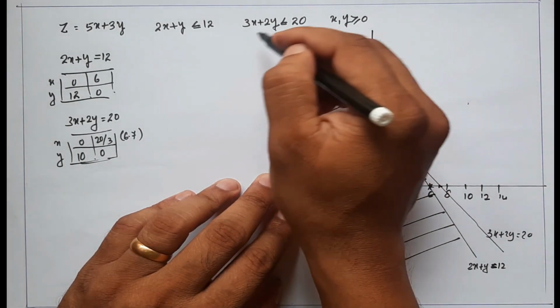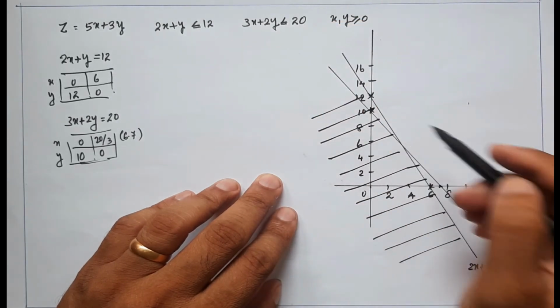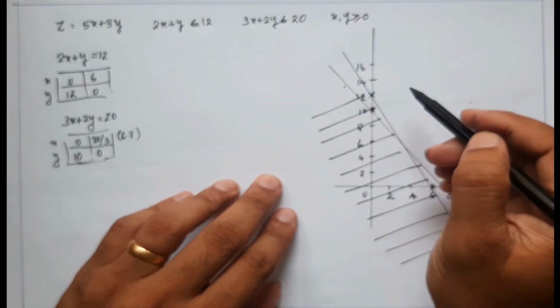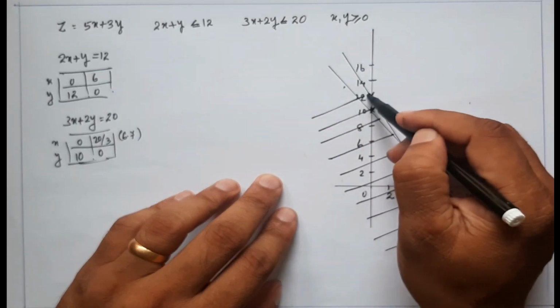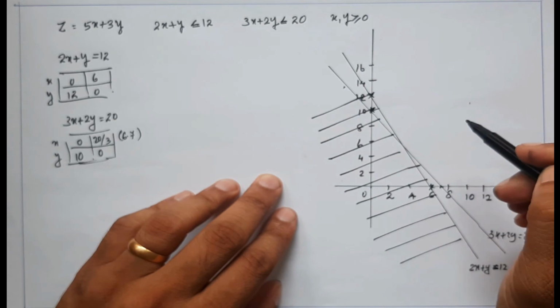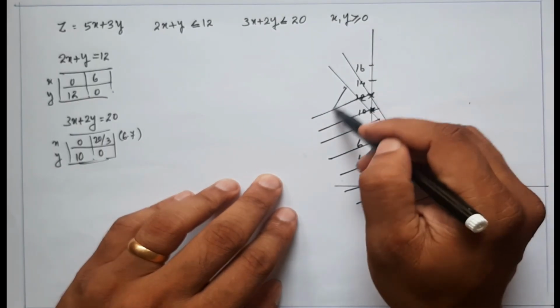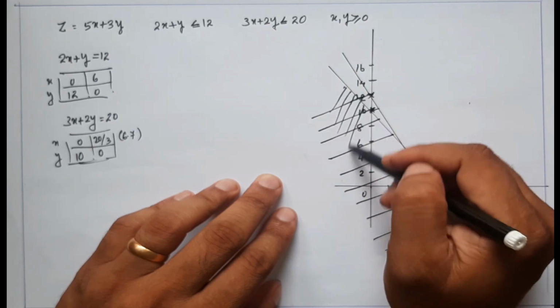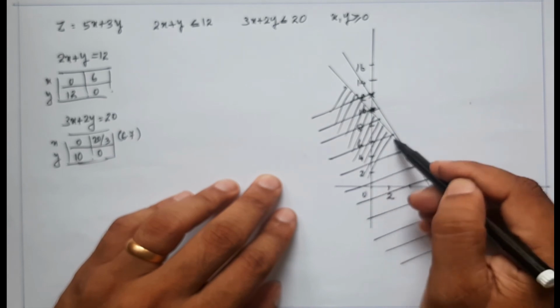Here also the origin satisfies this inequality. The lower half contains the origin, and 0 is less than 20, which satisfies the inequality, and therefore the shaded region is on this side. This way we shade the region.